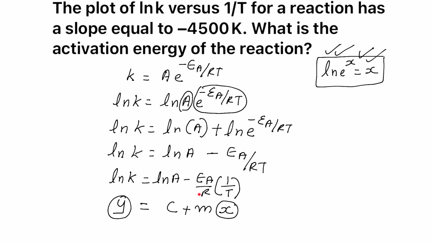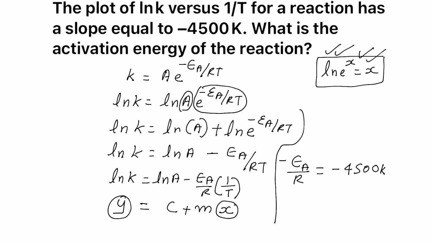So here what is the slope? Minus EA by R, and that is equal to minus 4500. Very easy. Minus EA by R is the slope as per the equation, and as per the question it is minus 4500.